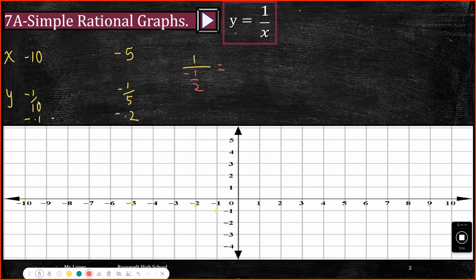Look. If you have a whole number divided by a fraction, this denominator goes to the top and multiplies times the top number. So it's going to be 2 times 1, which is 2, then divided by negative 1. So it's going to be negative 2. So at negative a half, it's going to be negative 2.